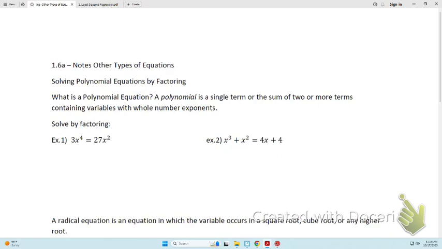So on number 1 and number 2, I would choose factoring to solve. What that means is you need to set it equal to 0. So we're going to move the 27x squared to the left side. And then we should be able to factor it.